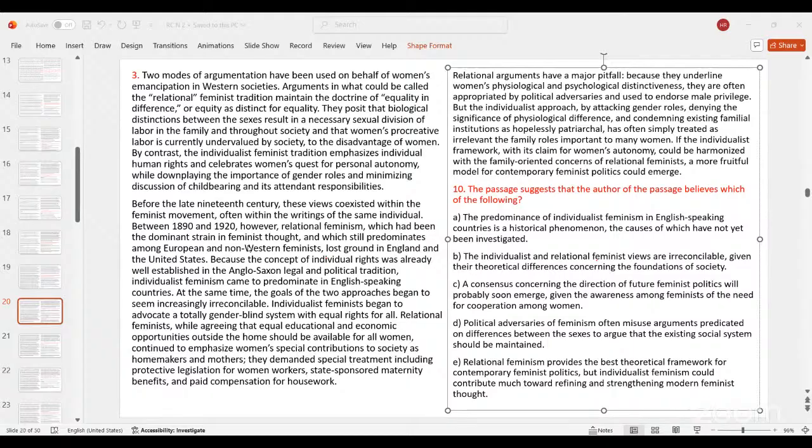Though they have two different contexts, they all want the same thing, right? Now look at the options. The predominance of... I have highlighted all the keywords. Now you go to the options, because I will talk about only the right option, giving you a clue.